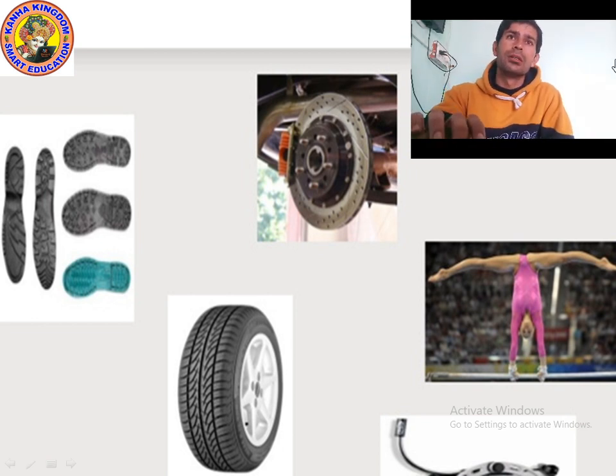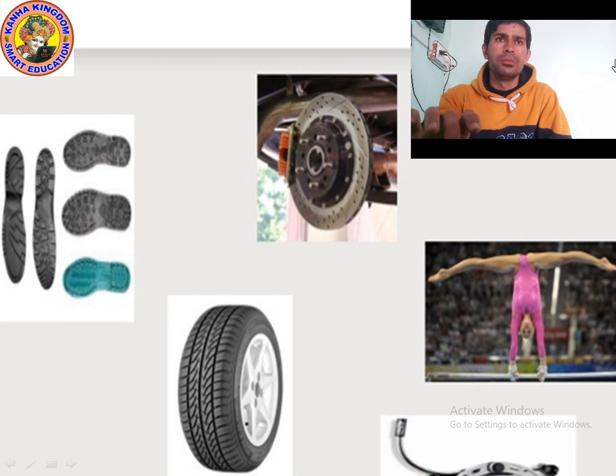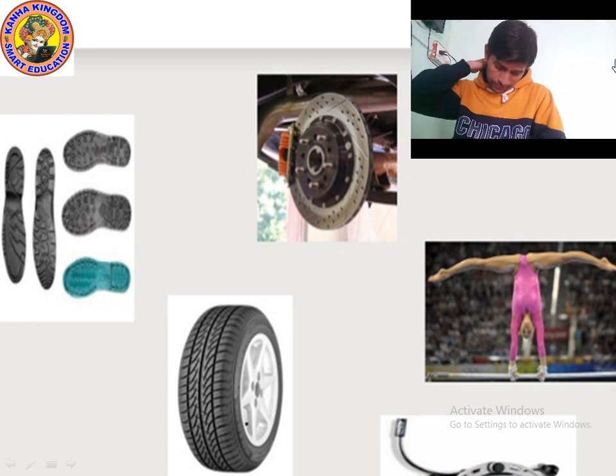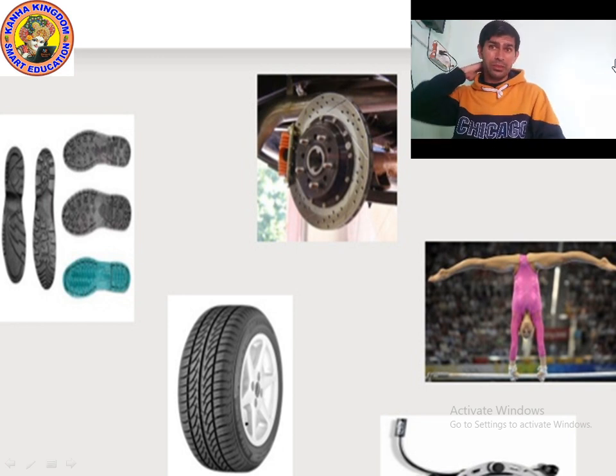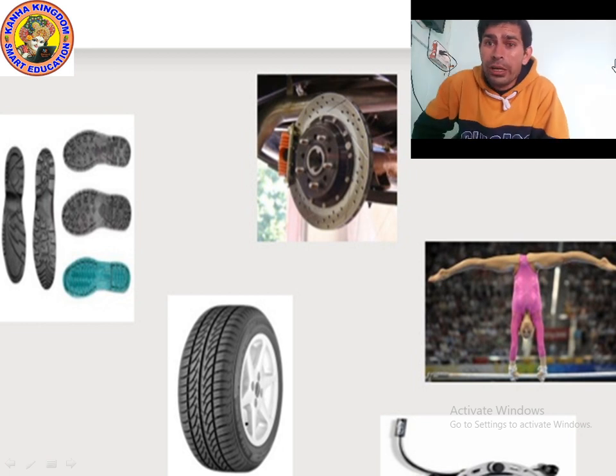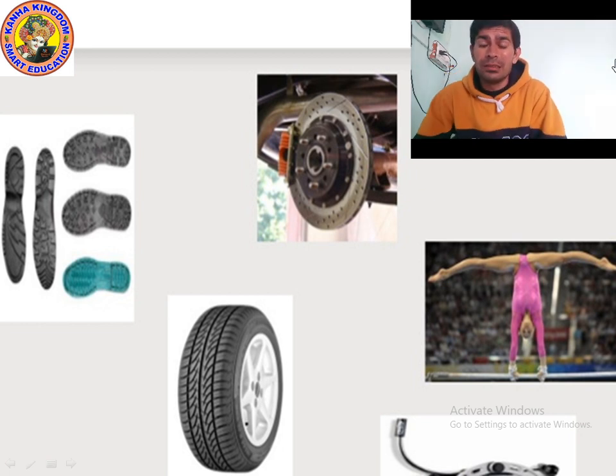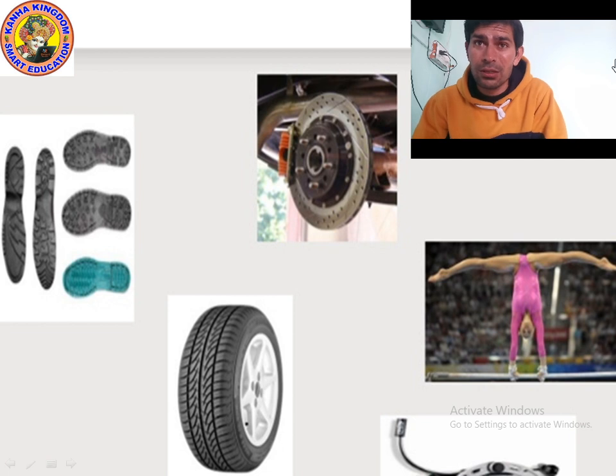Sliding friction comes into play when an object slides over another object's surface. Rolling friction is a friction exerted when an object rolls over a surface.